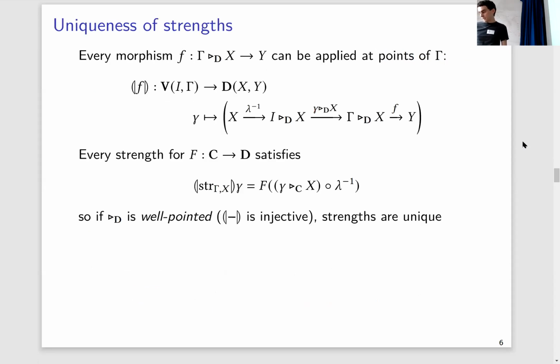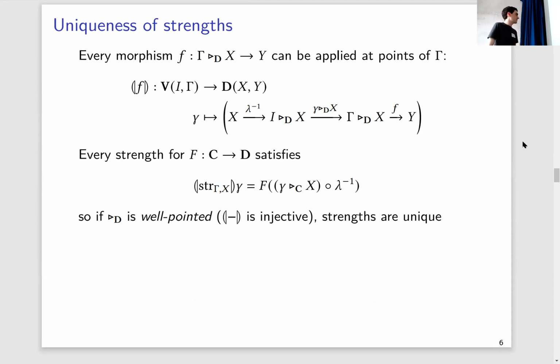Okay. So this leads to the first natural question to ask, which is when are strengths actually unique? And it turns out they are unique in quite a lot of cases. So the first thing to notice is that if we have a map from X to Y in context gamma, we can, in a sense, apply it to points of gamma.